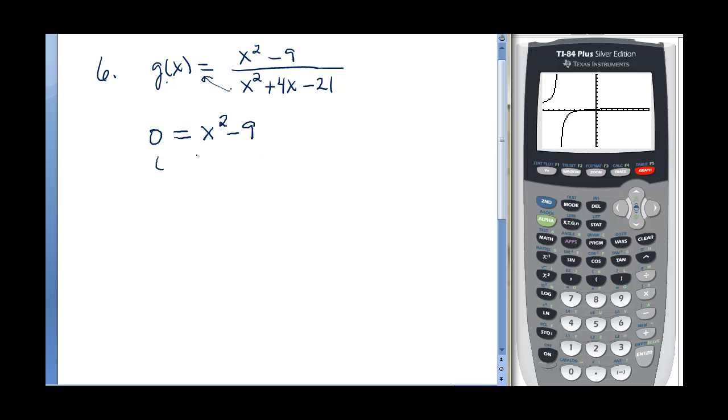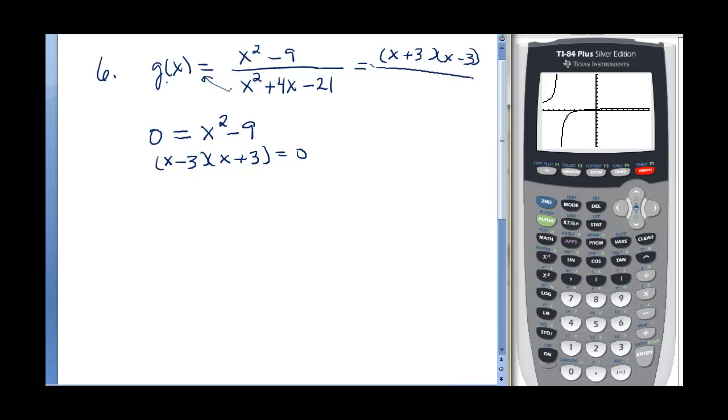And I want to factor. So I have x minus 3 and x plus 3. Now, I learned in the last problem that I might have a hole in the graph, and I want to check for that first. So let's factor up here, and we'll have x plus 3, x minus 3.